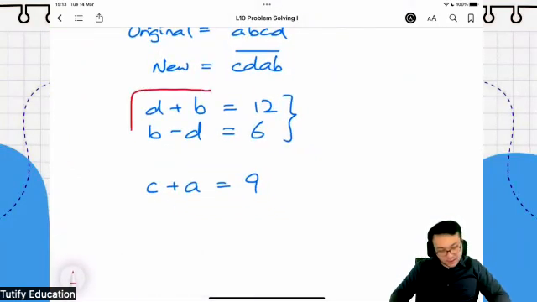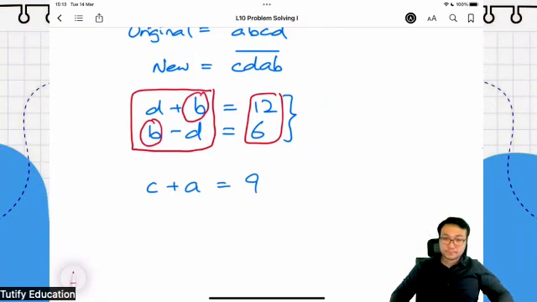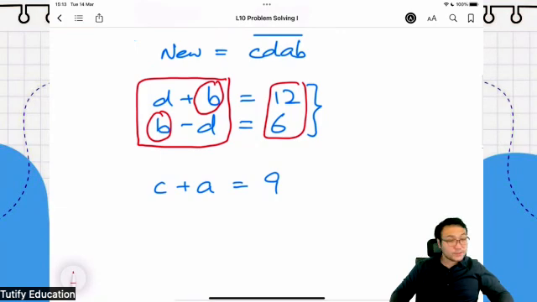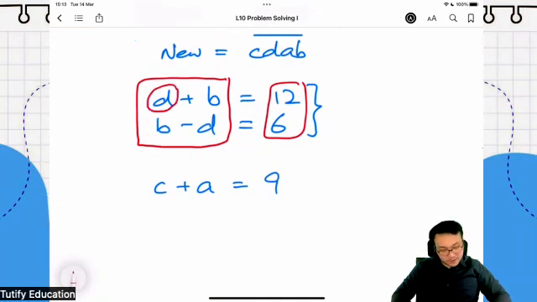If I add everything together, how many B's do I get? You get 2B, right? How about the D? D minus D equals 0. Very good.